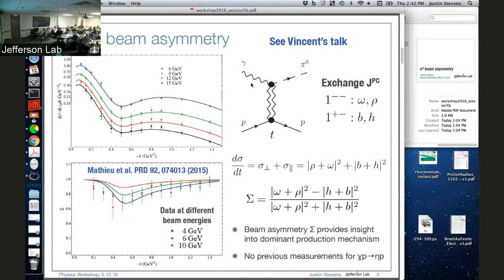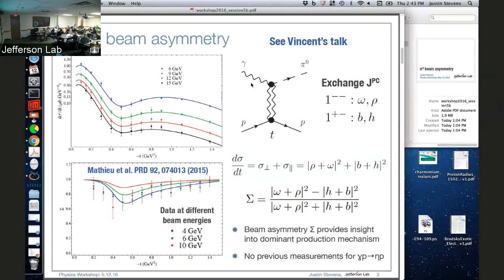So Vincent is going to talk some about spin density matrix elements, but also this pi zero beam asymmetry, I think. And so I won't go into the details of the model, but it's a Regge exchange. And so you can fit the cross sections as a function of t and make some predictions for what the beam asymmetry looks like.